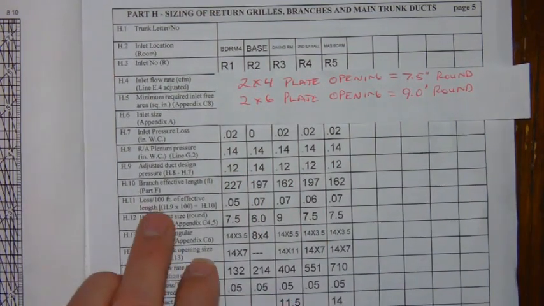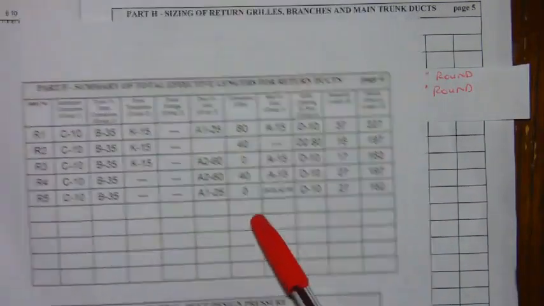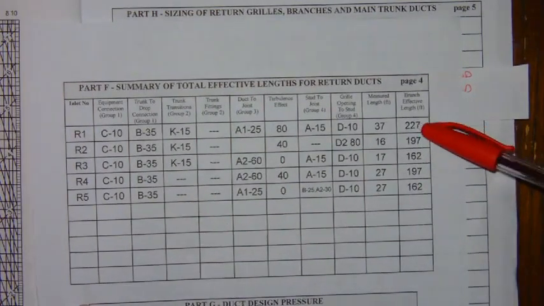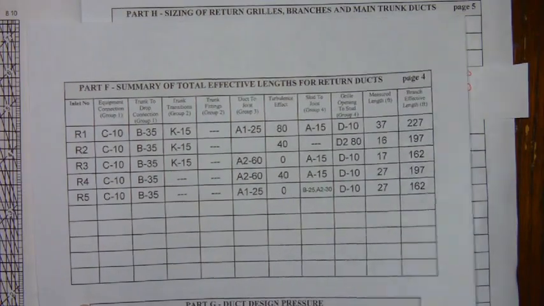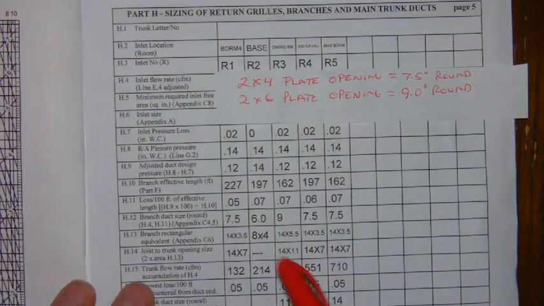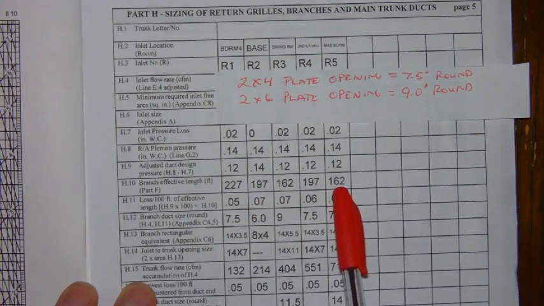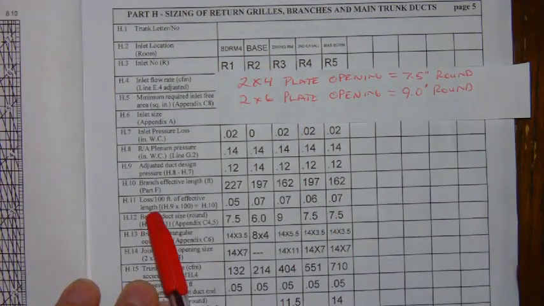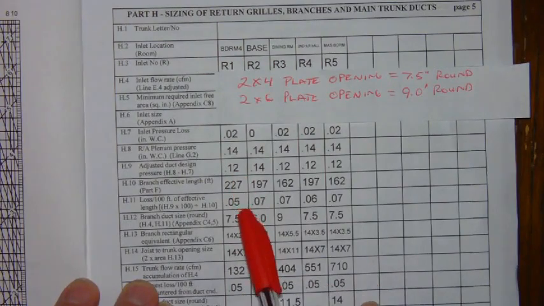Then you need to insert the branch effective lengths, which come from part F, and all the branch effective lengths are what we calculated a few steps ago. Once you have got these effective lengths in place, you can find your loss per 100 feet. The formula for that is you take your adjusted pressure times 100 divided by the branch effective length.